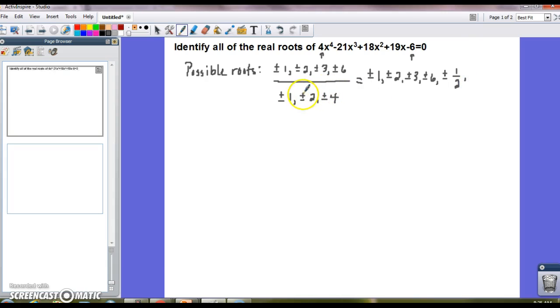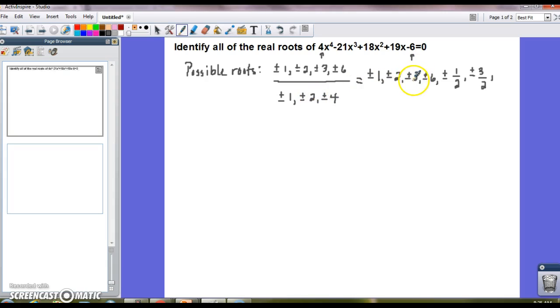Then I could have plus or minus 2 over 2, which is just 1, and I already have that here, so there's no need for me to write that again. I'm going to move on to 3. I could have plus or minus 3 over 2, right? That's a possibility. Or I could have plus or minus 6 over 2, which would give me 3, and I already have that, so I don't need to write it again.